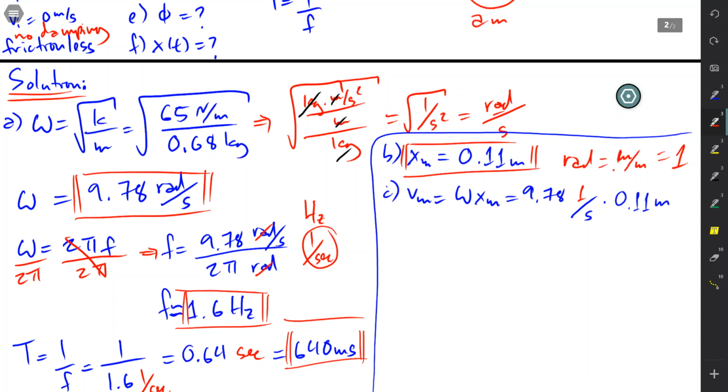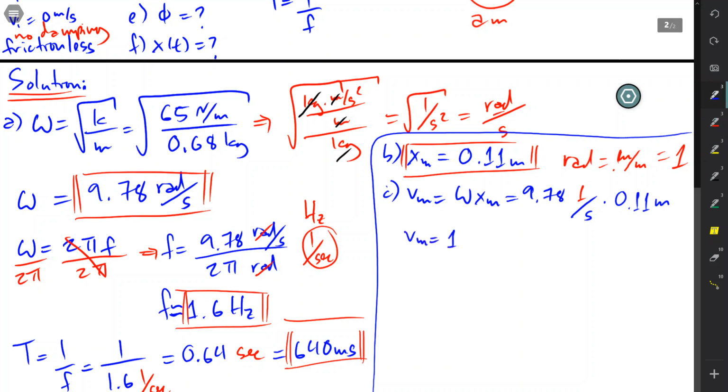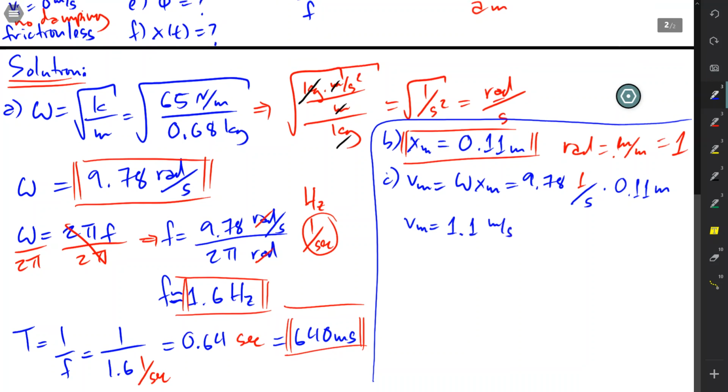So I have to get my calculator a little bit. And you're going to get an amplitude of the velocity of about 1.1 meters per second.